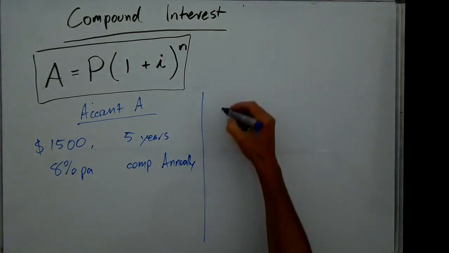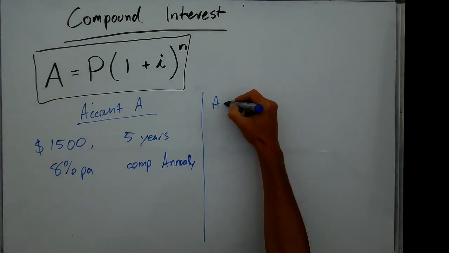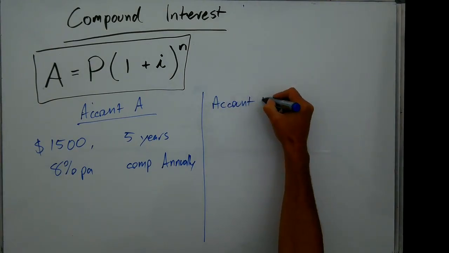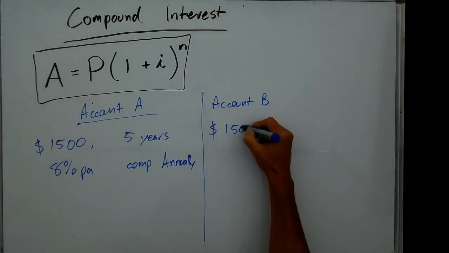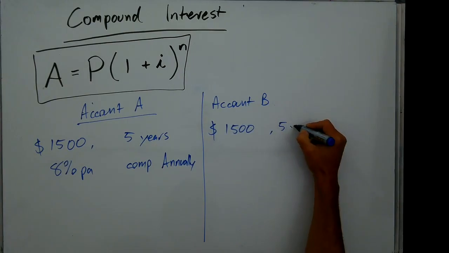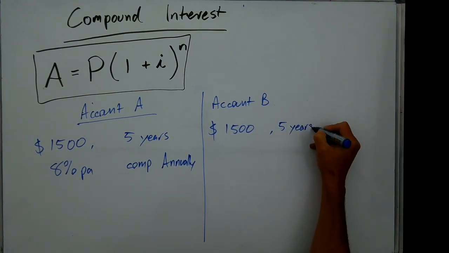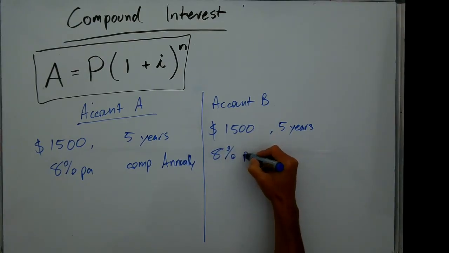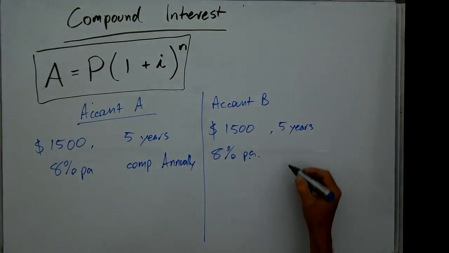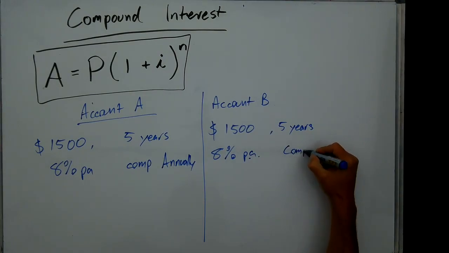In account B, same thing, $1,500, 5 years, at 8% per annum. And this one compounds monthly.